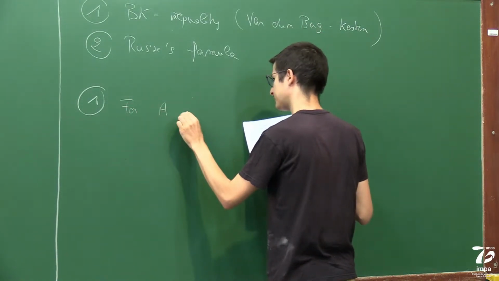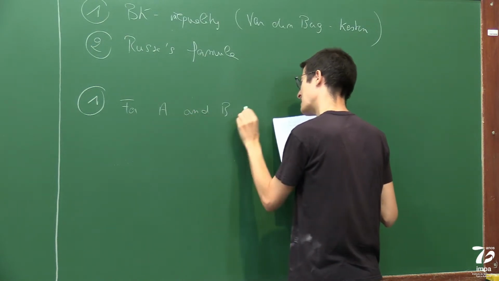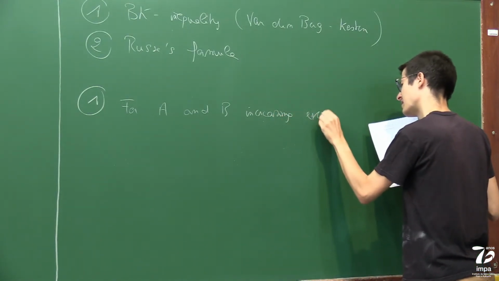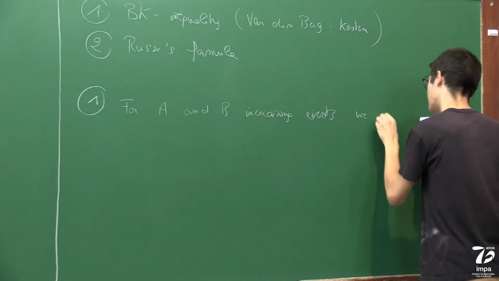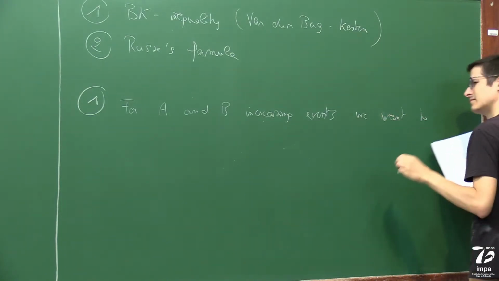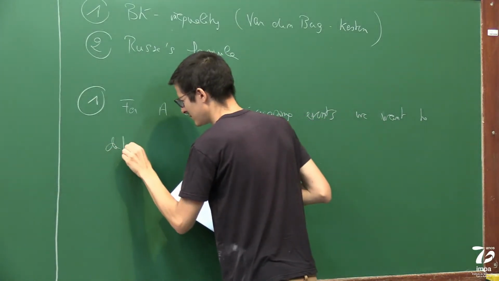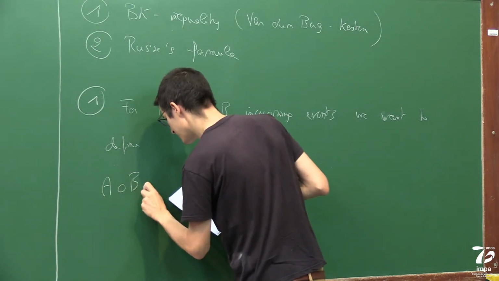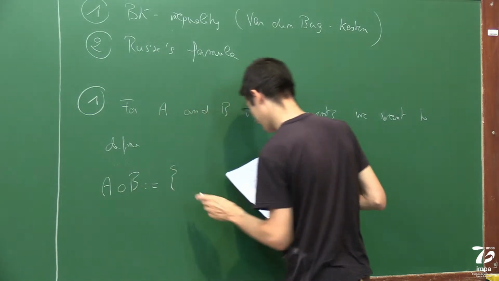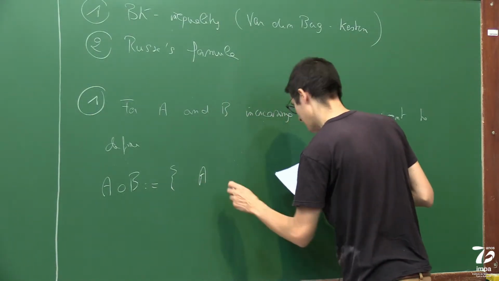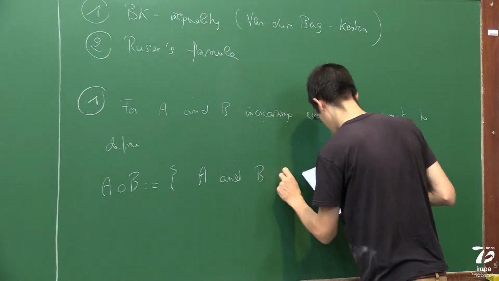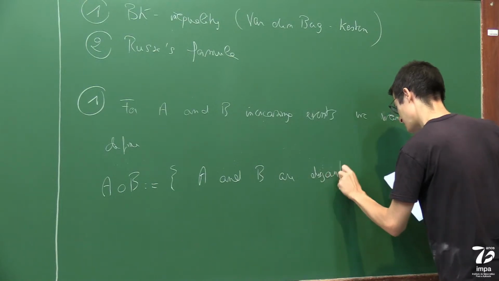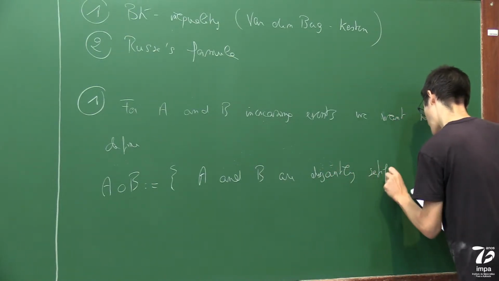For A and B increasing events, we want to define the event A circle B to be the event that spells like this: A and B are disjointly satisfied.